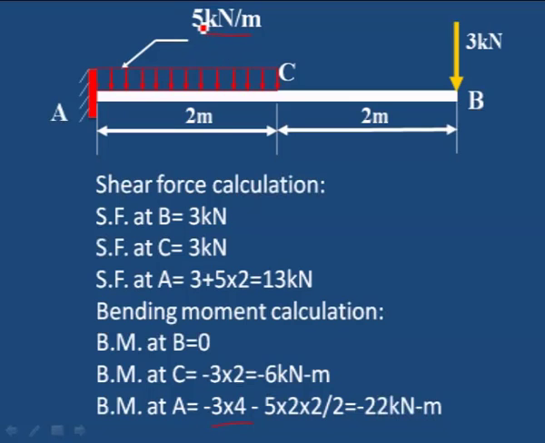For the uniformly distributed load, 5 into 2 is the load, and the distance of the load from A is 2 divided by 2, that is 1 meter from this point. Between A and C, we place the point load at the center of this 2 meter, that is 2 by 2, 1 meter. So 3 into 4 plus 5 into 2 into 2 by 2, that is 22 kilonewton meter is the bending moment at A.